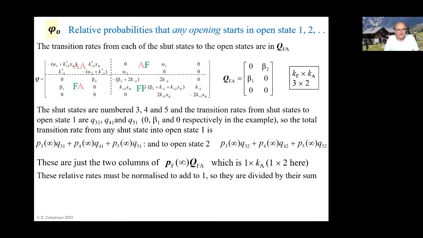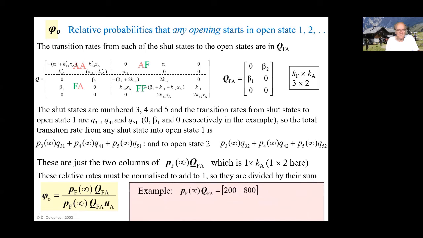Now, for the purposes of the initial vector, we want to normalize these relative rates so they add to 1. So they're divided by their sum. The rates are in PF at equilibrium times QFA. The sum of these things in the numerator we just find by post-multiplying by a unit vector, and that gives us an expression for the equilibrium initial vector. Here's an example.